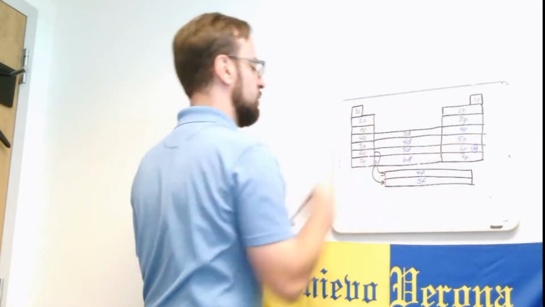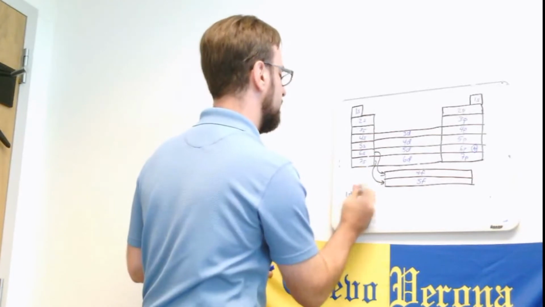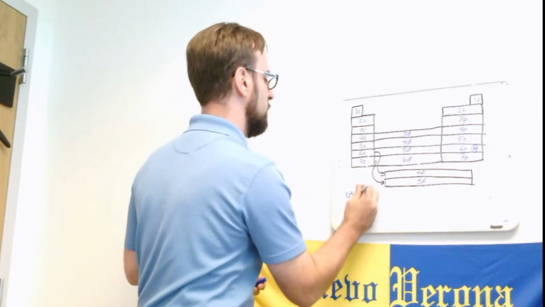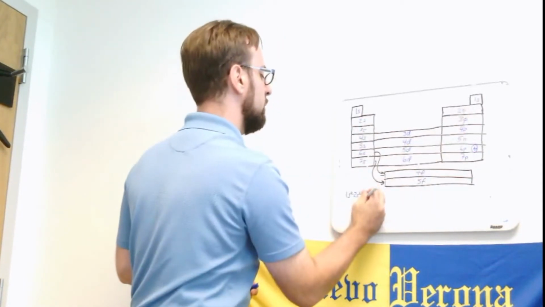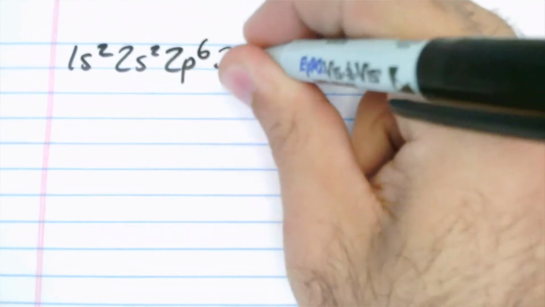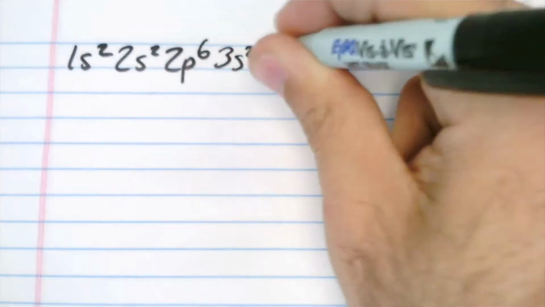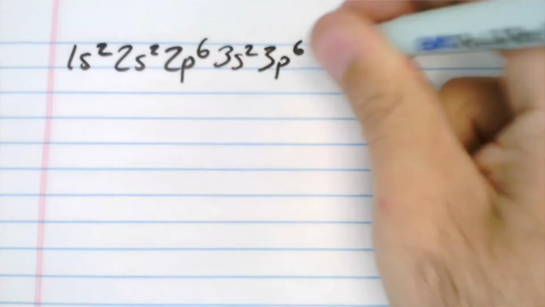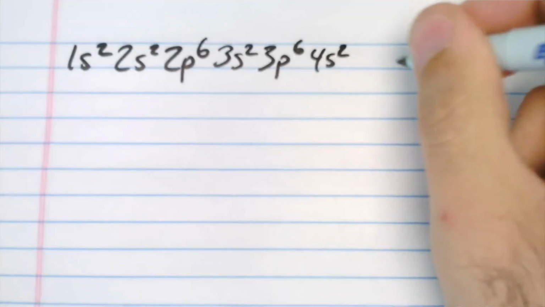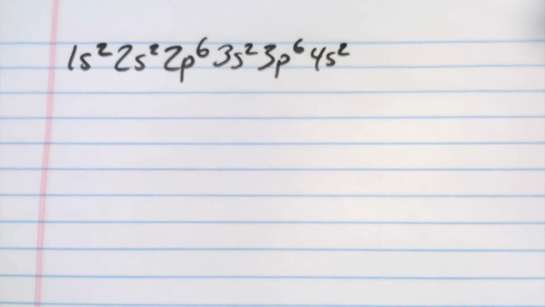I'm going to put electrons into 1s, so 1s2, then 2s, 2s2, 2p. How many go in there? 6. Okay, 2p6, and then again 3s2, 3p6, 4s2. Now I'm not guessing about whether I need to jump over to n equals 4 or not. I have it right here.